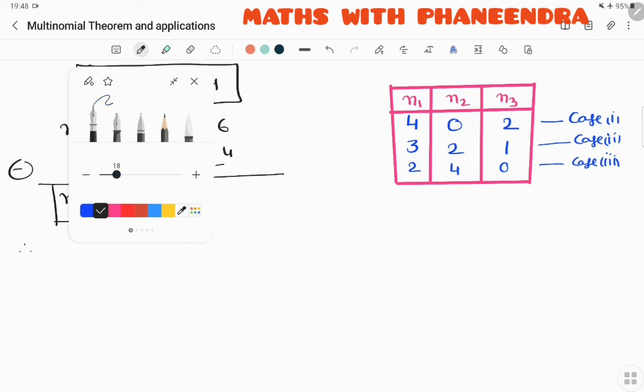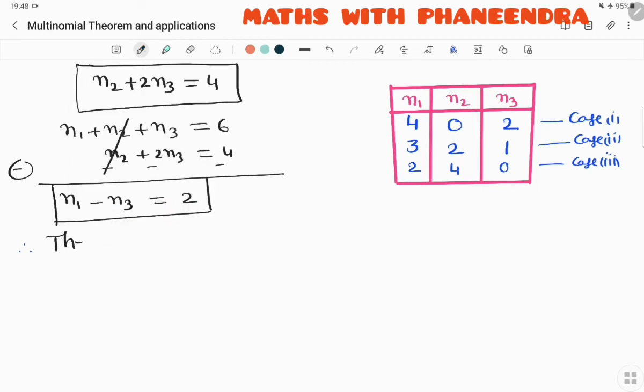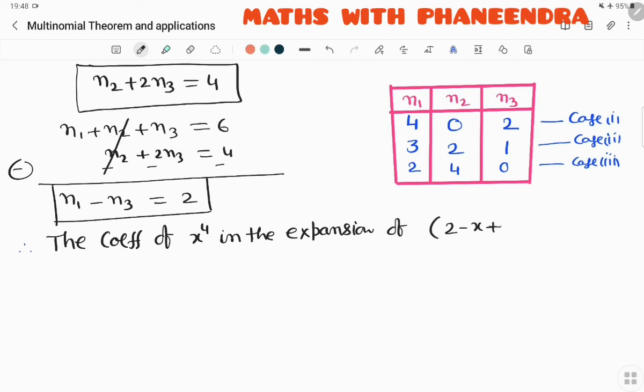The coefficient of x power 4 in the expansion of (2 minus x plus 3x²) whole power 6 is, generally, n factorial by n1 factorial into n2 factorial into n3 factorial.